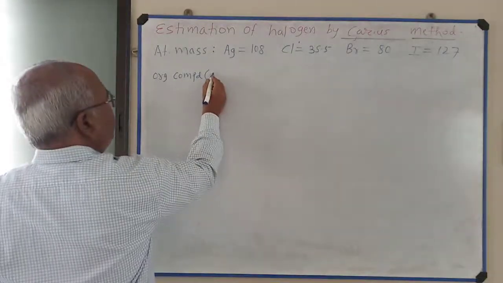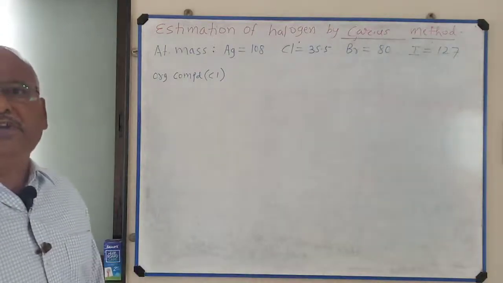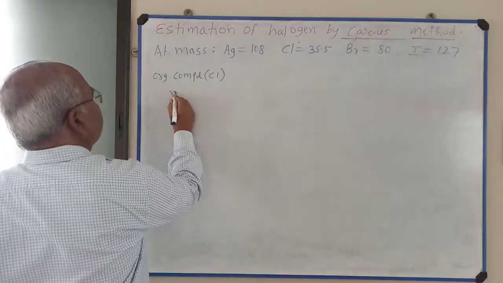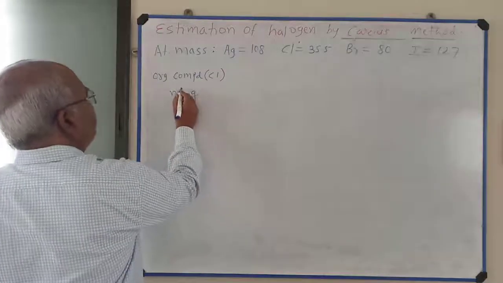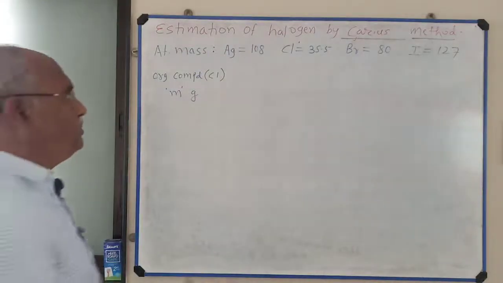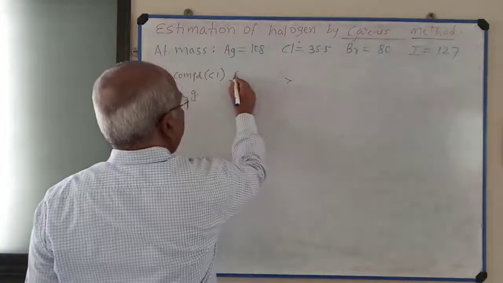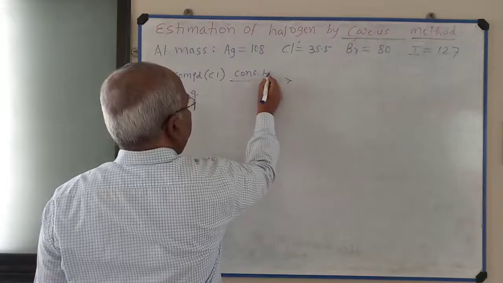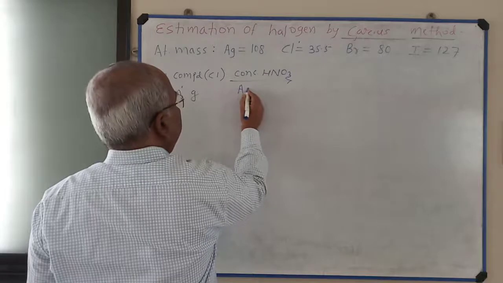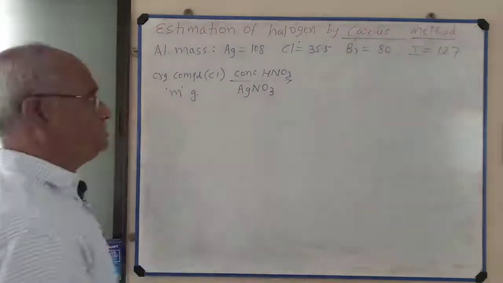Suppose the organic compound contains chlorine and its mass is m gram. M gram of organic compound is taken. It is boiled with concentrated HNO3 and silver nitrate solution.